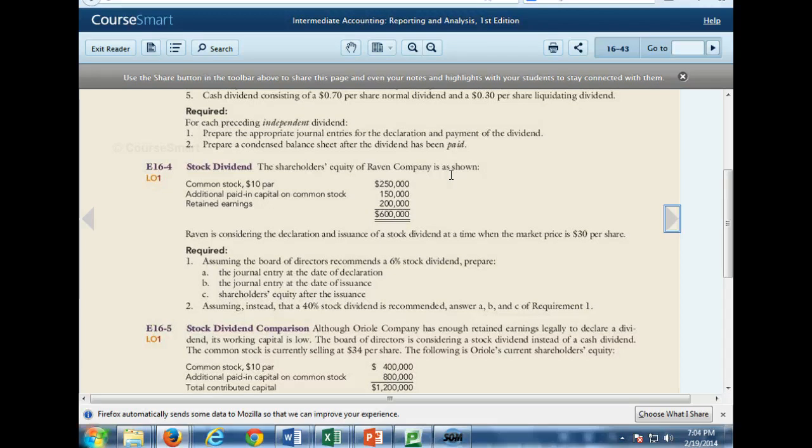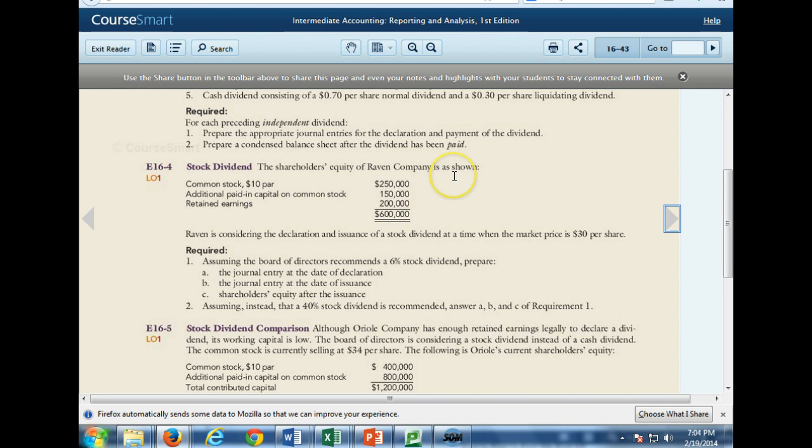Raven is considering the declaration and issuance of a stock dividend at a time when the market price is $30 per share. Assuming the board of directors recommends a 6% stock dividend, prepare the journal entry at the date of declaration. Then we'll do the journal entry at the date of issuance and the shareholder equity after the issuance.